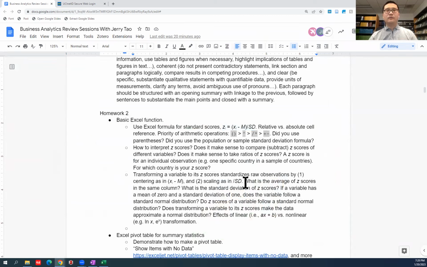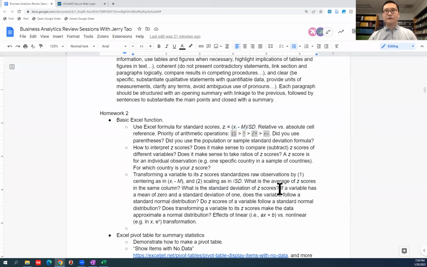But we would find that this stands true: no matter which variable we calculated the z-scores for, the average for z-scores would always be 0, and the standard deviation would always be 1. This is simply because we applied this formula.